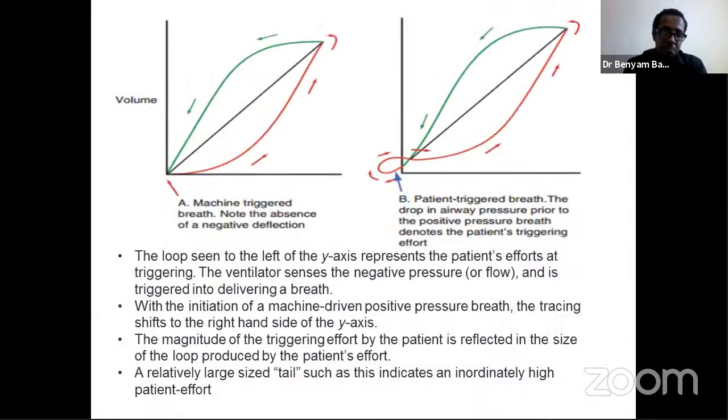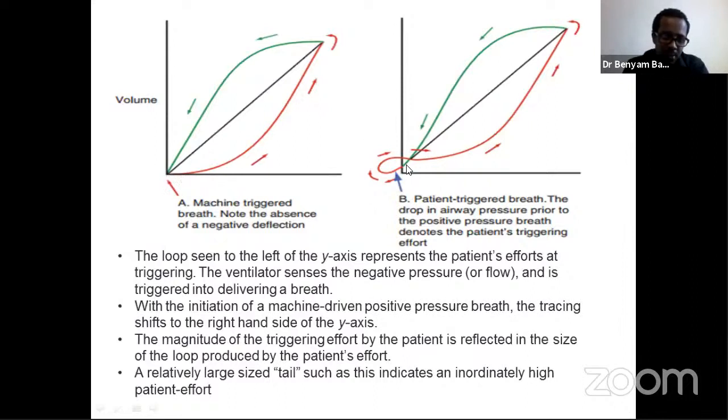The other thing we will be able to see on the pressure volume scala is whether the patient is triggering a breath and getting assisted, or it's a controlled breath. If it's a controlled breath, as we said, there is positive deflection of the pressure during inspiration, followed by expiration, and it comes to 0.